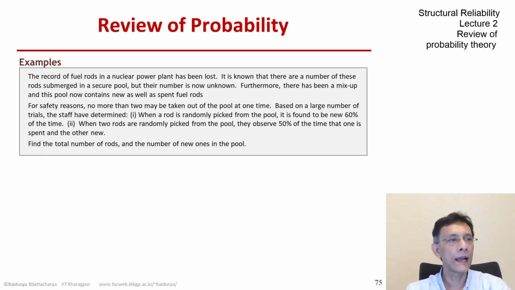So here we have again a set of marked and unmarked, or defective and non-defective, or new and spent types of otherwise nominally identical specimens. And if you want to pause, otherwise let me go ahead with the solution.